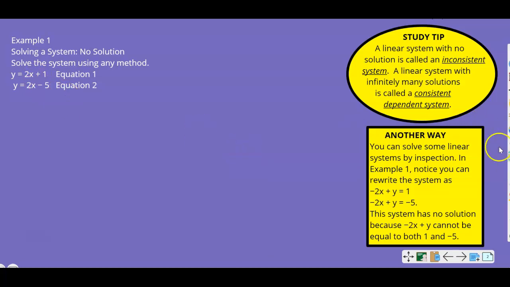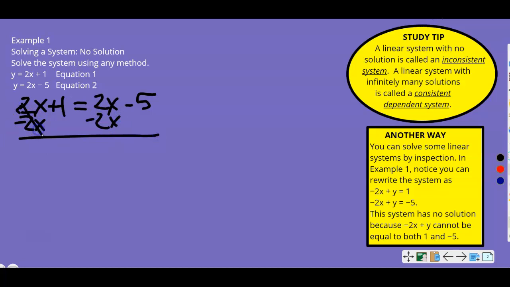Let's look at what that looks like algebraically. You could graph those, but we also can set them equal to each other using substitution. So 2x plus 1 equals 2x minus 5. If we subtract 2x from both sides, we get 1 equals negative 5.